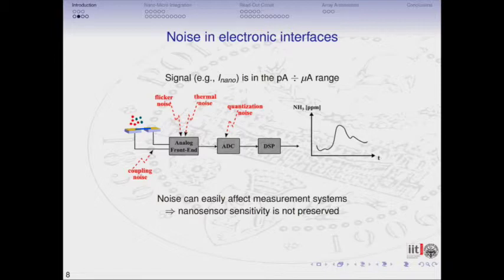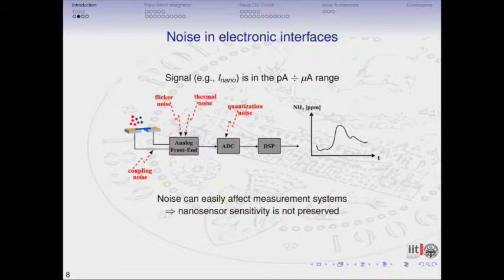When we are designing an electronic interface for nanomaterials, in particular for semiconductor nanomaterials, where we have a signal in the order of picoamperes or nanoamperes, we have to take care of the noise sources. In particular, we can identify the coupling noise as the main noise source at the interface between the nanosensor and the analog front end.